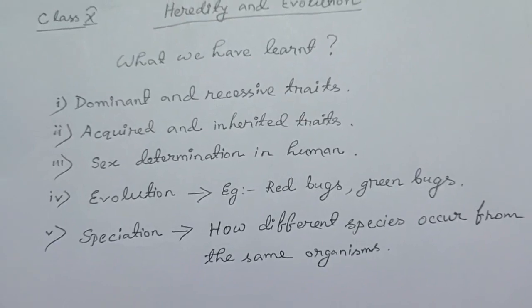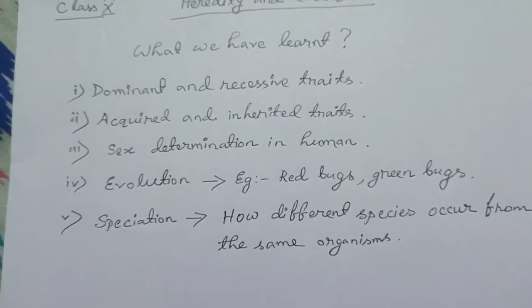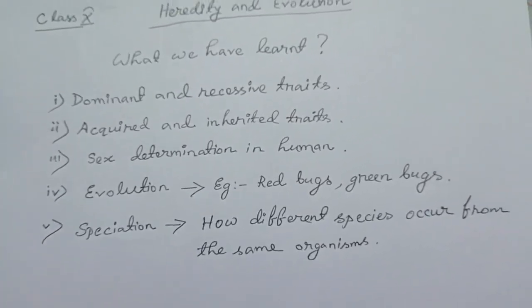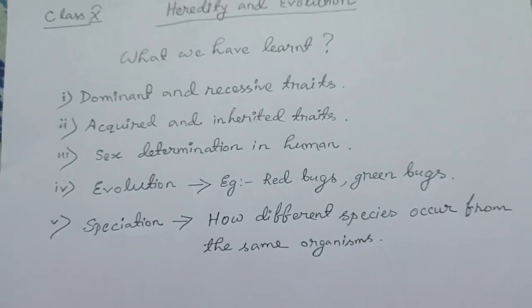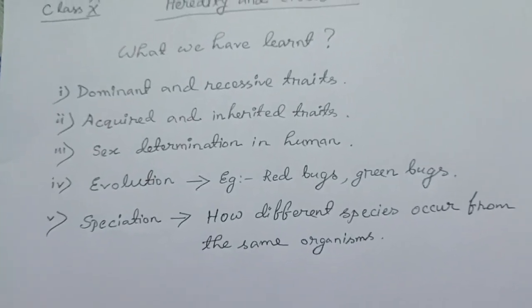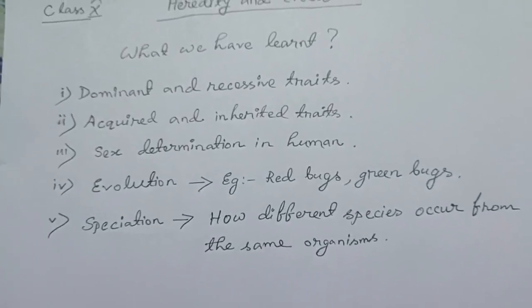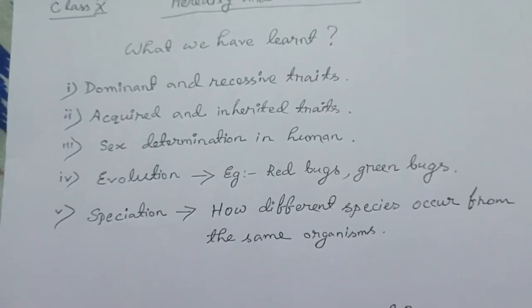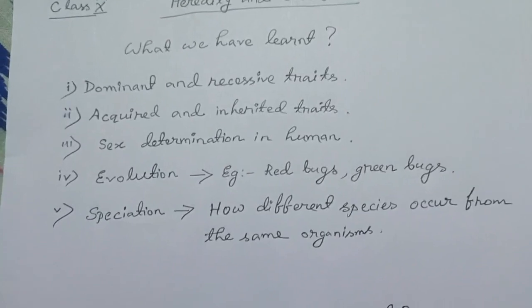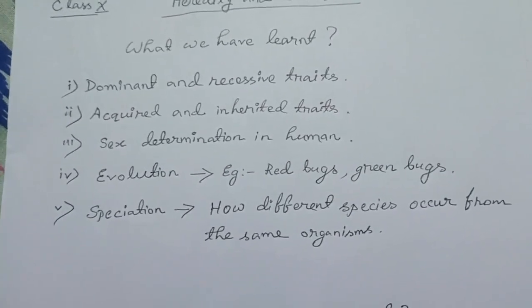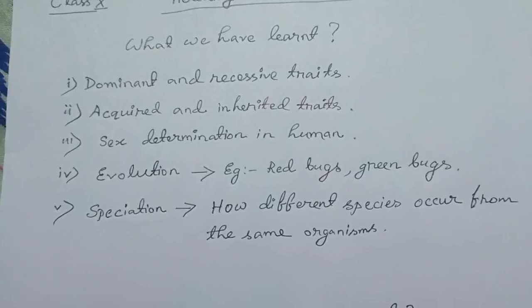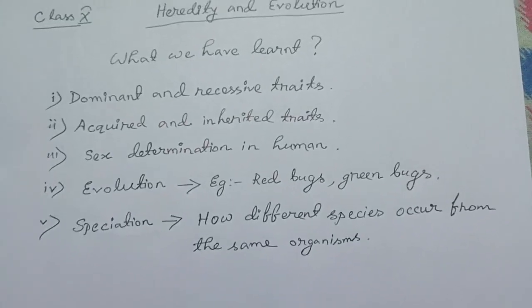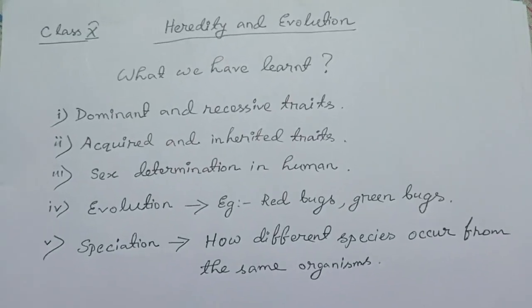For example, in the case of the green bugs, earlier they were the same species, but due to natural selection, or because of the crows, or because of the elephant, the green bugs and the red bugs separated, and then after a long time the variation was so huge that they cannot reproduce between each other, and now they are two different species. Okay, so up to this point was the revision. So now we will talk about the next part.